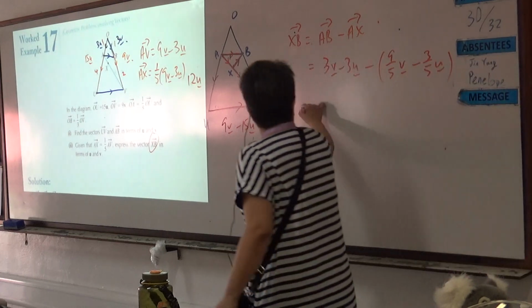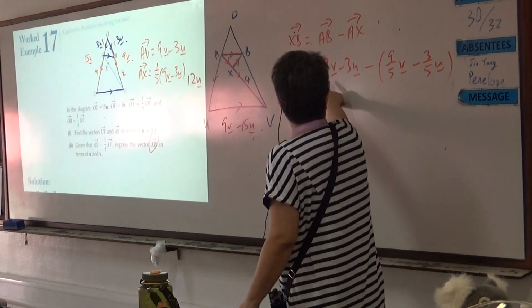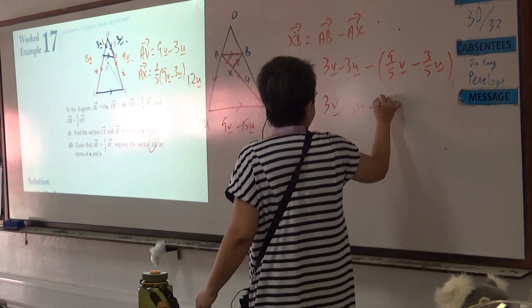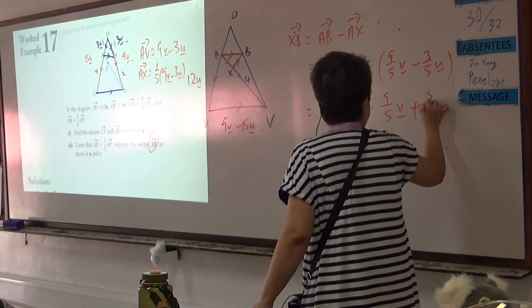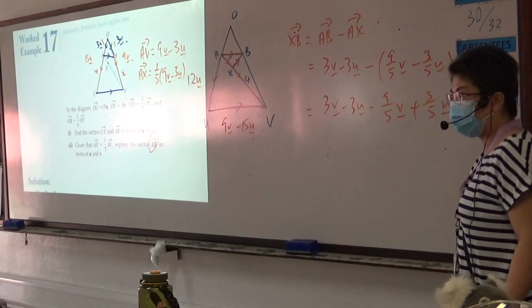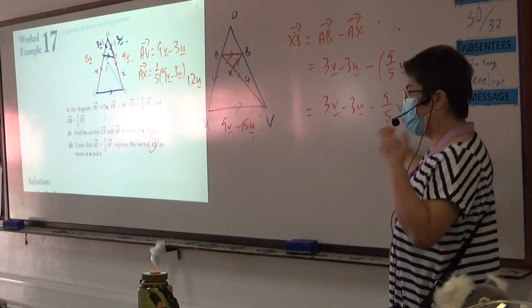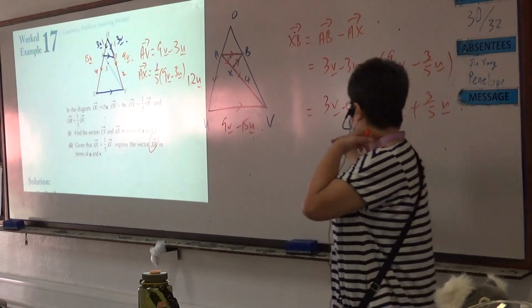Okay. Now, let's do the V first. What is 3V? Okay, I remove the bracket first. Later you forget again. Plus 3 over 5 U, right? Alright now, class. Okay, let's do the V. What's 3 minus 9 over 5? All of you, use a calculator. What's this?